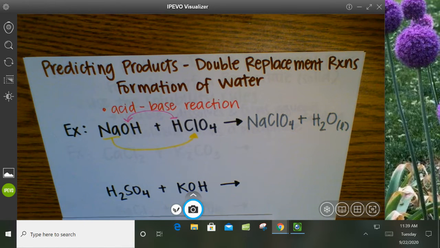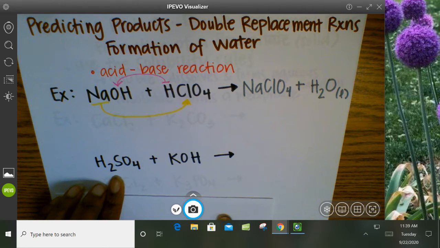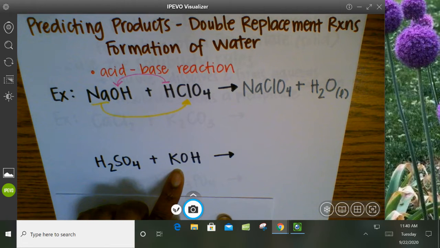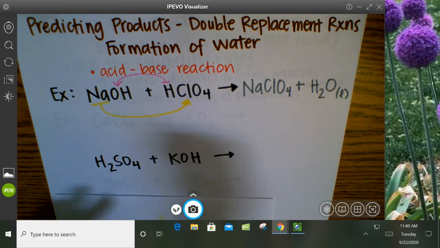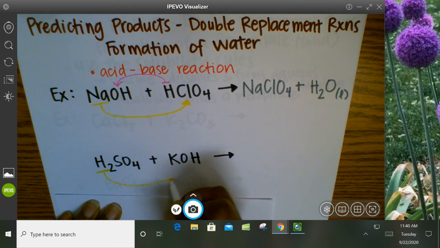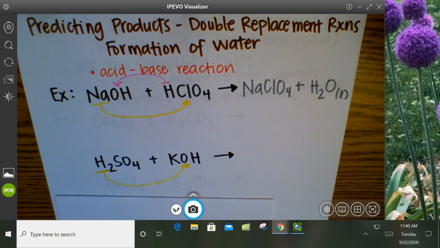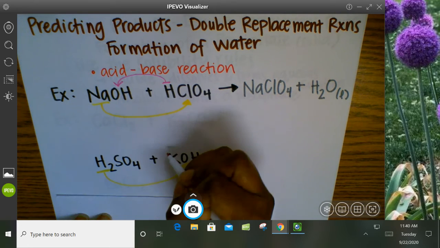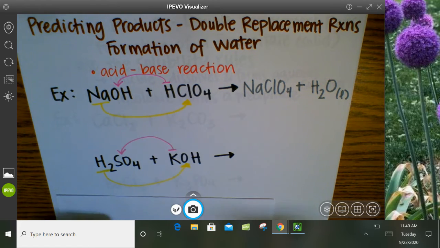Let's look at our second example. We have sulfuric acid, H2SO4, reacting with potassium hydroxide, KOH. Just like in the first one, my hydrogen, my cation, is going to connect with this anion, hydroxide, and potassium is going to connect with the sulfate, SO4.